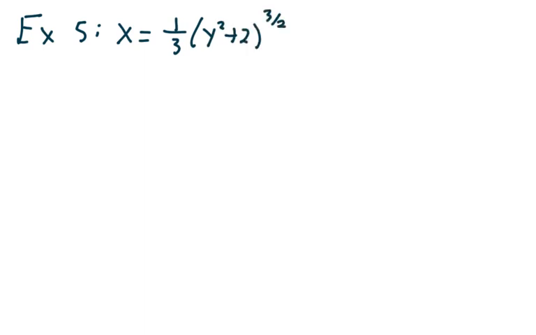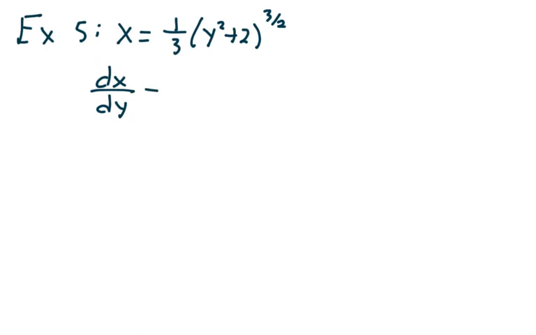Let's do one more example for this video here. So for example 5, suppose I had x equals 1/3 times y squared plus 2 to the 3 halves. Now notice again x is a function of y.